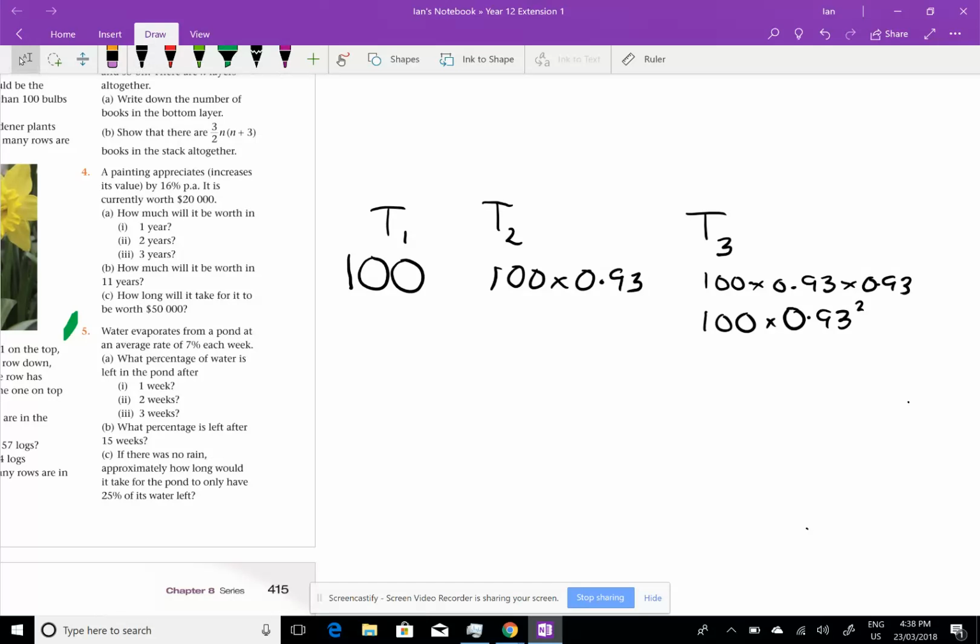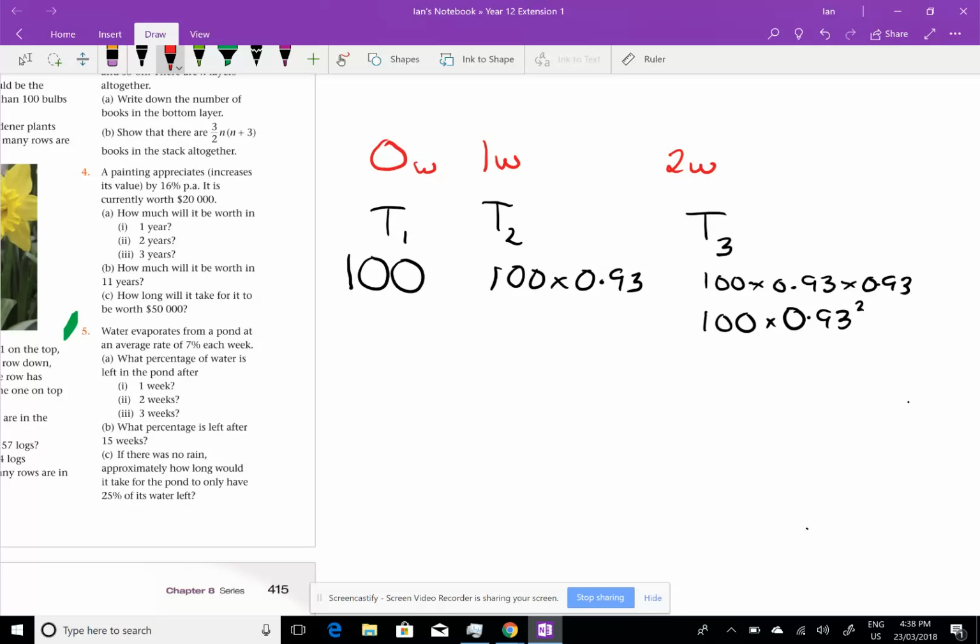Now, I'm setting this up the same way because it just makes sense to me to have my first term as 100. So that's at the beginning, at 0 weeks. This is after 1 week, and this is after 2 weeks.